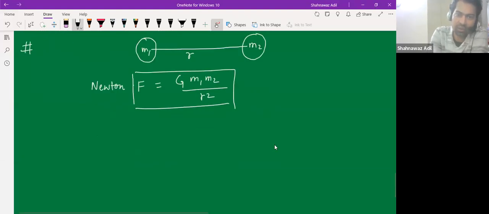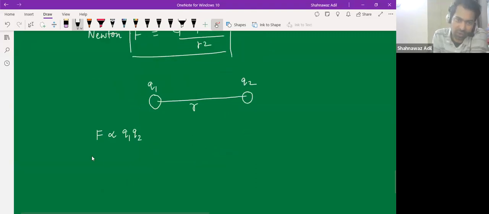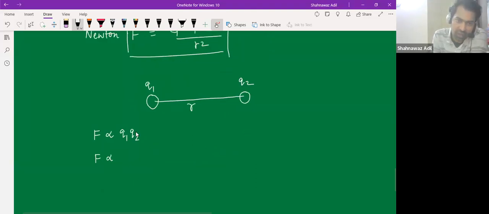Similarly, Coulomb experimented with this idea, and he observed that when he put two charges together with the separation between them r, the force is directly proportional to the product of the charges, similar to this gravitational force, and the force is inversely proportional to r square.